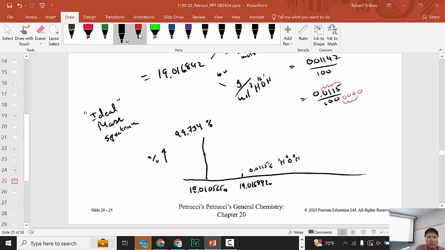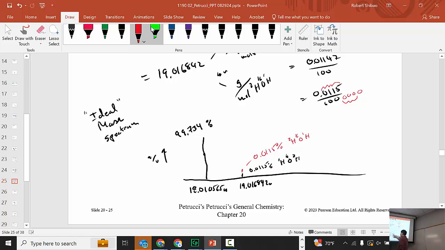Then I need to add the second percentage to that. The second percentage is also 0.0115%, and this is for making the H2O16H1.